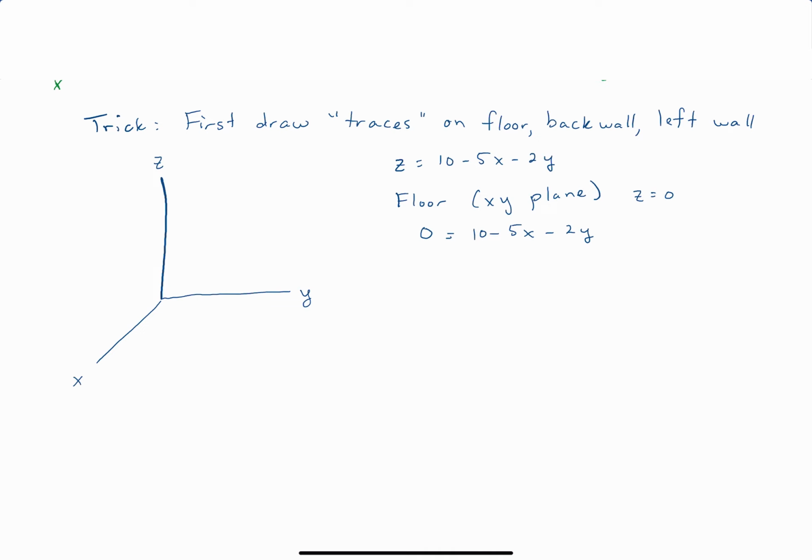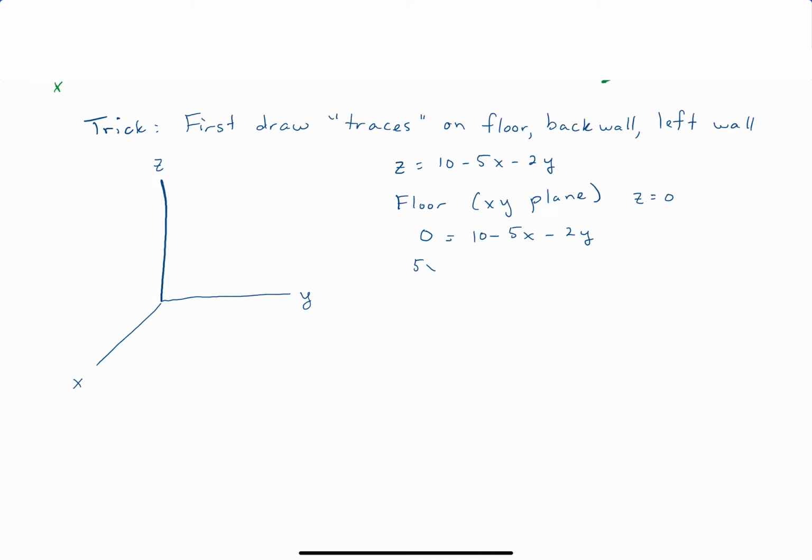Let's add 5x and 2y to both sides of this equation to make this look a little more familiar. So now this is just the equation of a line in the xy plane, and the easiest way to graph this line is to graph the intercepts.